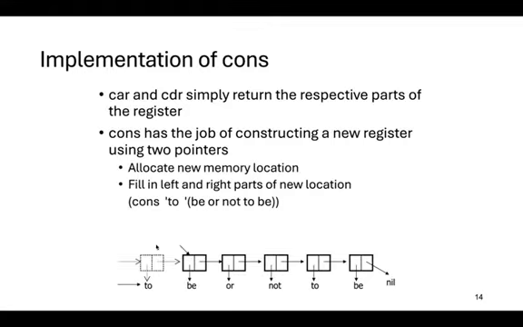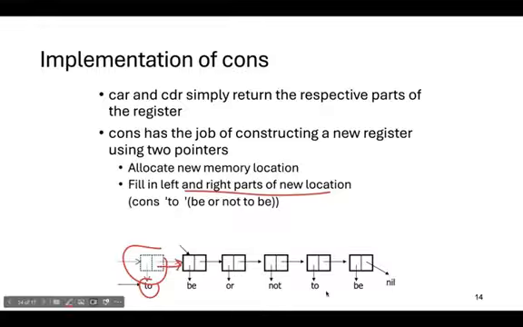So it allocates a memory location and fills in the left and right parts of the new location. The address part holds the first item, and the second part holds the address of, or points to, the remaining part of our list.